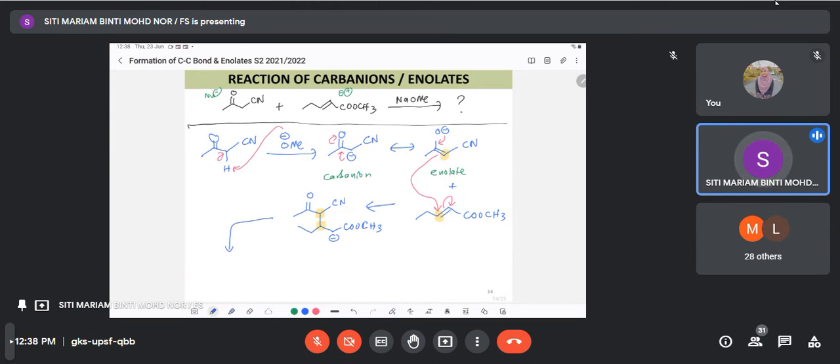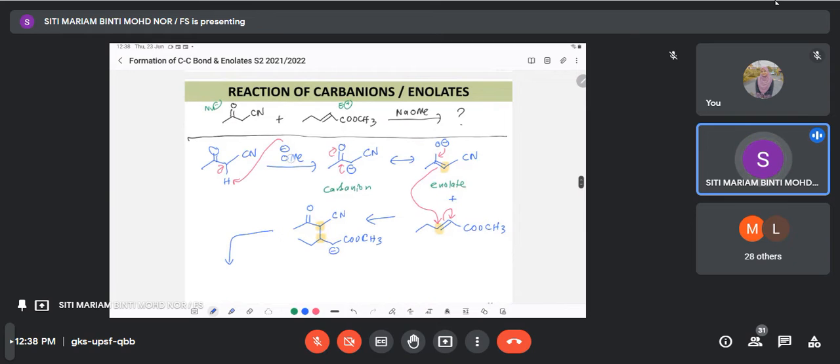For the neutralization, you react with, okay, what will happen here? Your base methoxide ion abstracts a proton, right? It produces methanol. So you can use methanol there, MeOH, for the neutralization of the negative charge on the carbon. So what will happen? This abstracted proton cleaves this bond. You will get back your base methoxide ion.